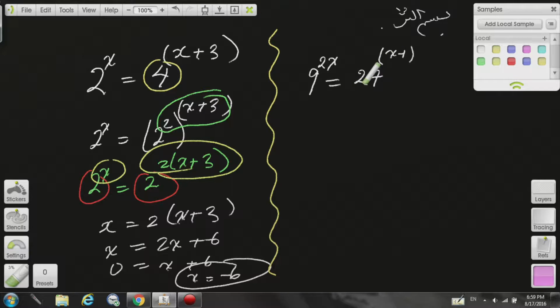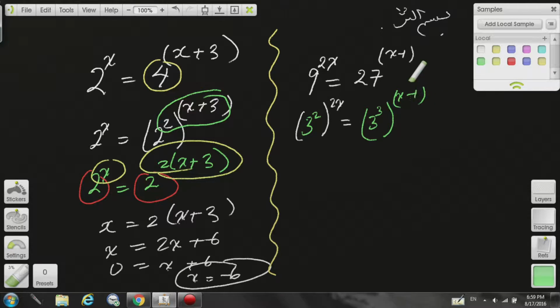Well, 9 won't go over here. 9 squared is 81. But 9 is 3 squared, isn't it? So I have 3 squared over here, which gives you 9 to the power of 2x equals 27, which is 3 cubed, see? 3 squared is 9, and 9 times 3 is 27.